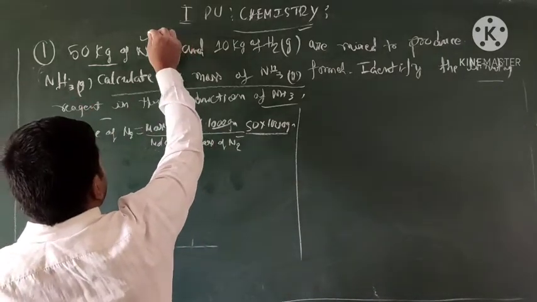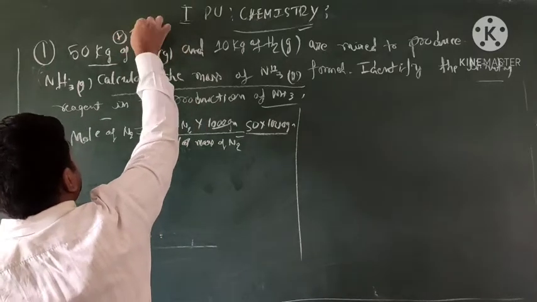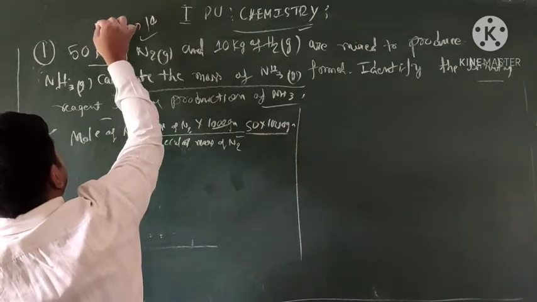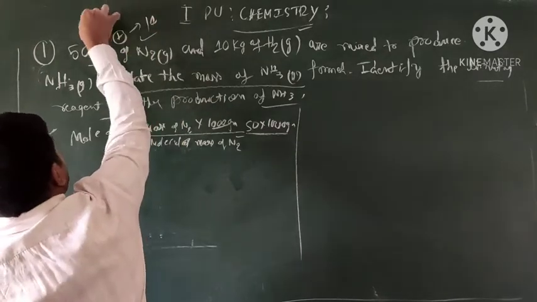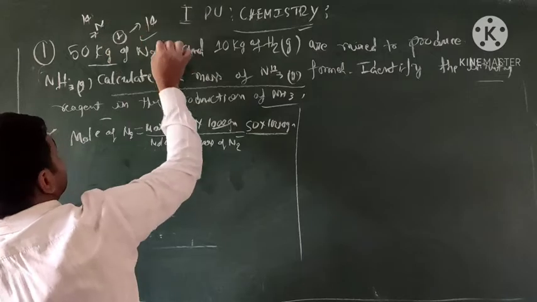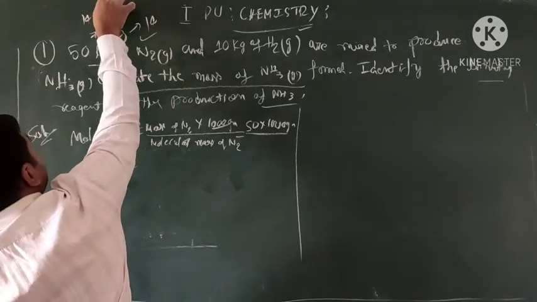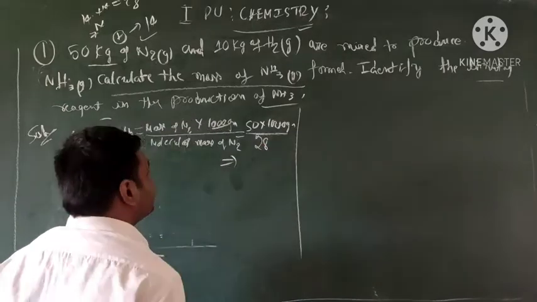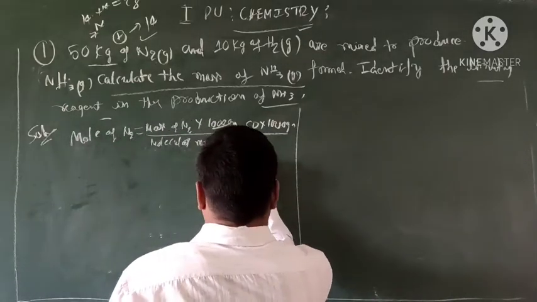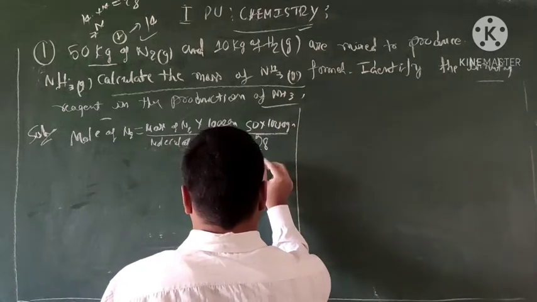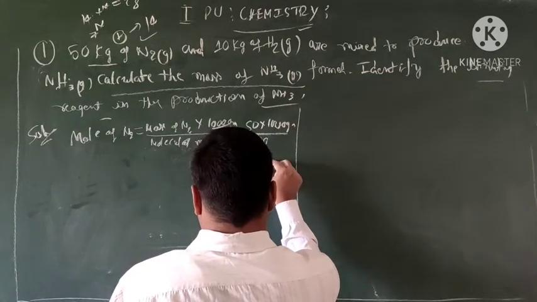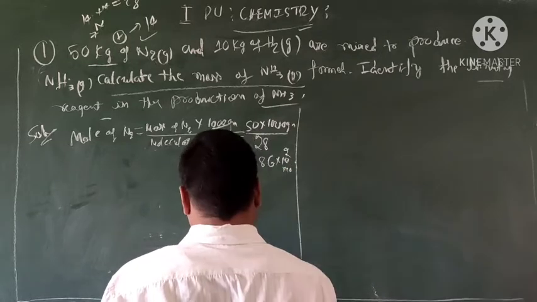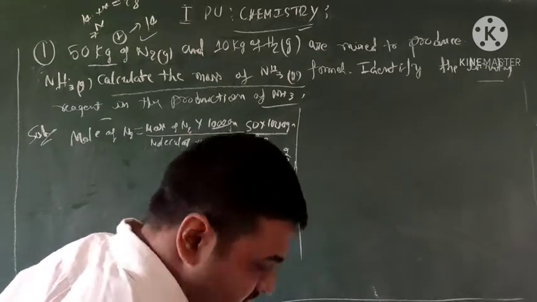Nitrogen's atomic number is 7, the atomic mass is 14, so N2 is 14 plus 14, equal to 28. You calculate 50 into 1000 divided by 28, the value is 17.86 into 10 to the power of 2 mole.